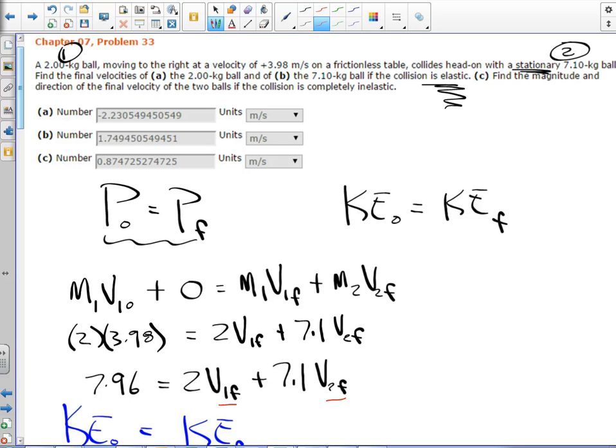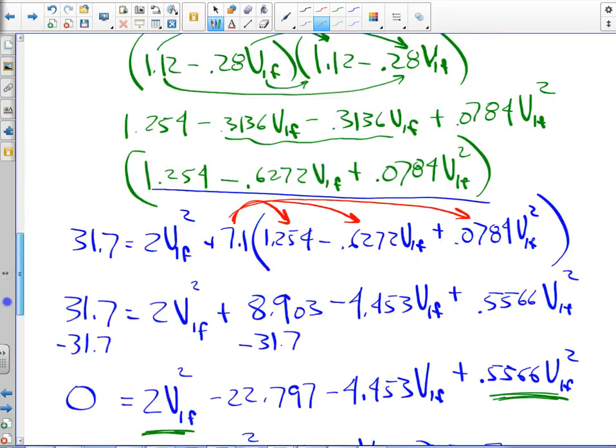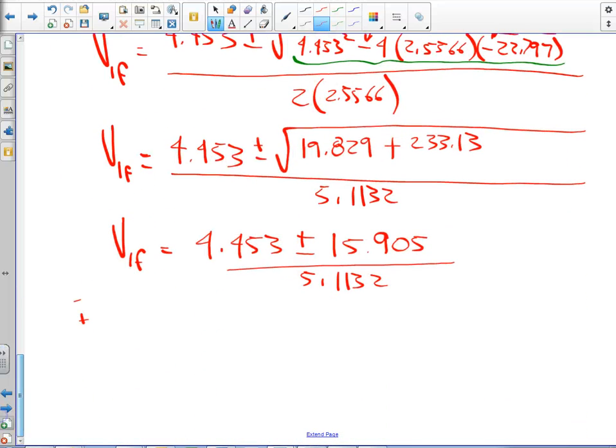If ball 1 hits ball 2, which is stationary, it comes in like this, it could bounce backwards, or it could hit and go forwards and be moving at a slower speed maybe. Tough to say. So we'll have to look at both situations to see which one makes the most sense later on.